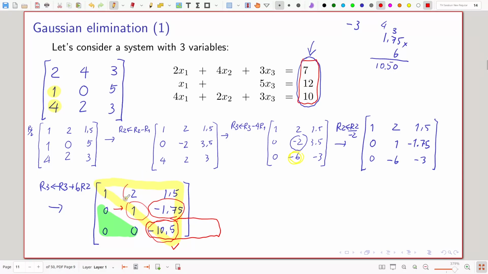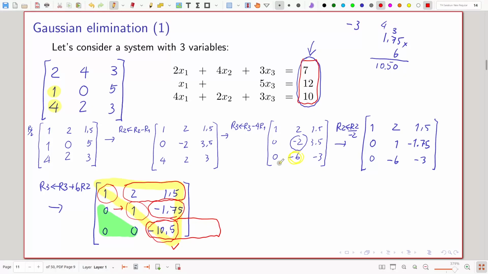And finally you have the values of these two variables, x2, x3, right? And you substitute into the first equation, and then you can solve the last variable. So when we have a matrix like this, it's really good for us. Okay, so this is what we did in terms of matrix.